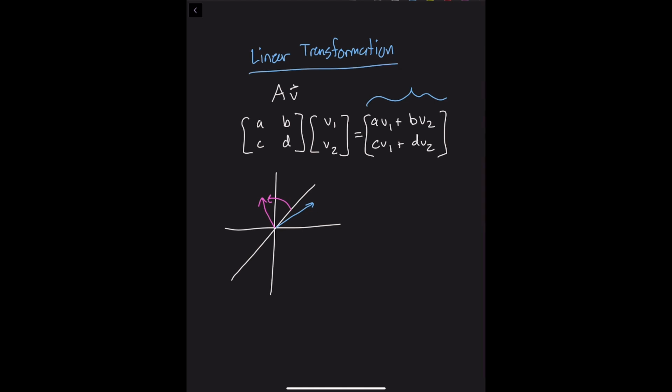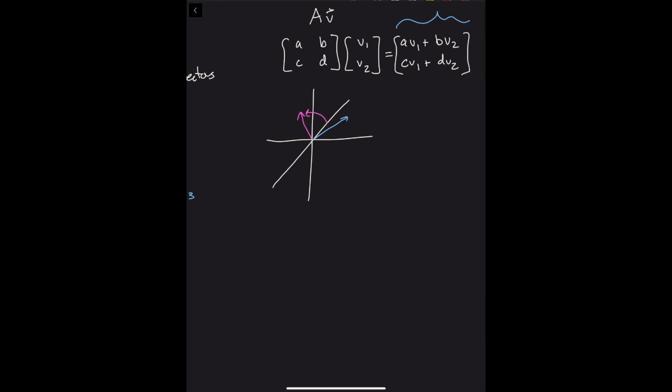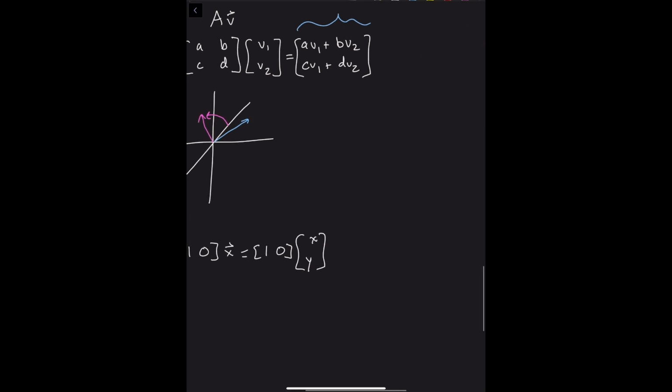So say we only wanted the x component of a vector. That would just be the matrix [1, 0], because if we have [1, 0] times x1, or I guess x, y, if these represent the x and y coordinates respectively, this is now just the x coordinate.